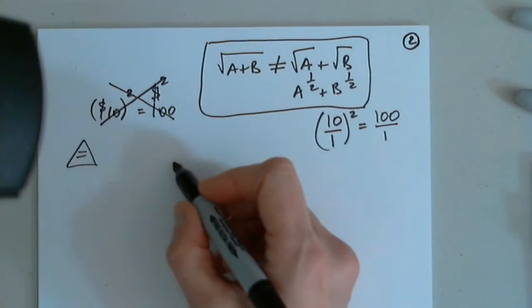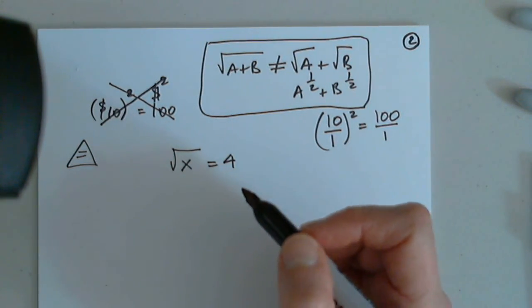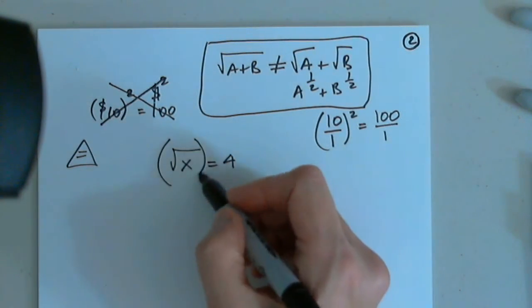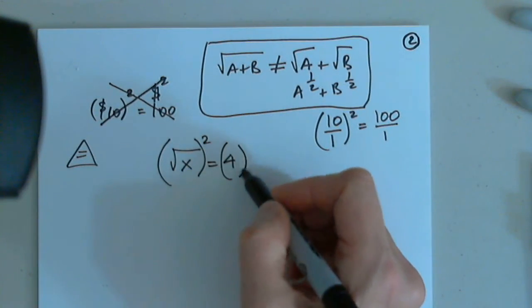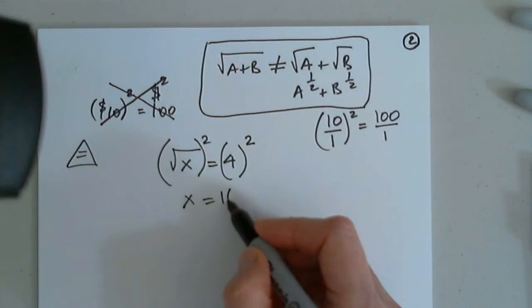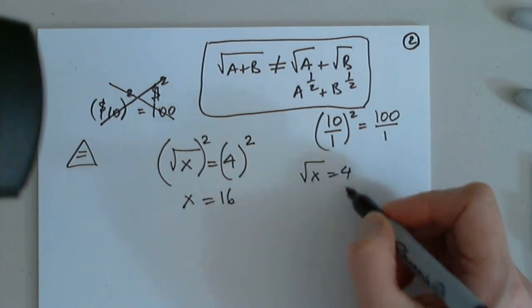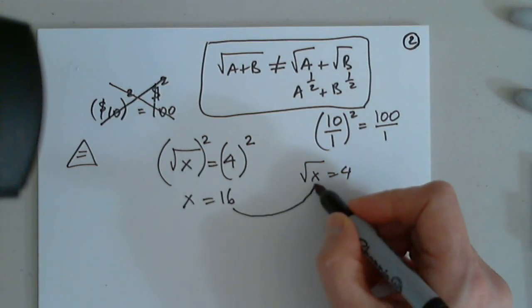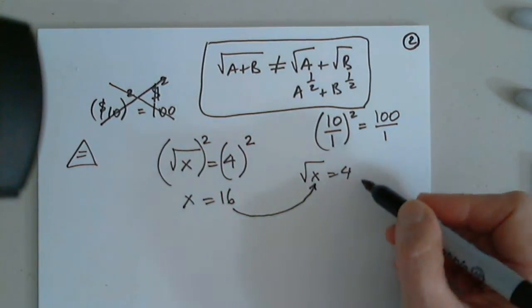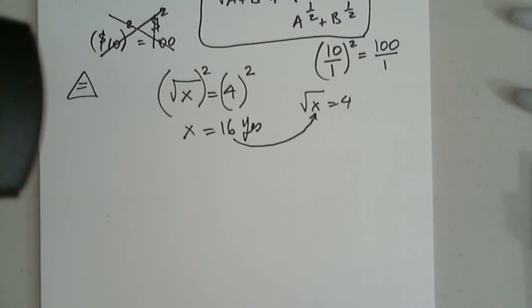For example, if I have the square root of x equals 4, yes, I am allowed to square both sides. I get x on this side and 16 on this side. And then I go back to the original equation and plug it in to check. Is the square root of 16 equal to 4? Yes. But if I have a fraction, I cannot just say, okay, let's square. I can't do that.